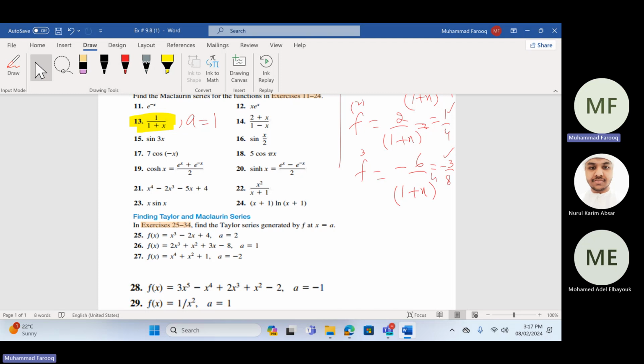Put n equal to 0 inside, and it will be divided by 0 factorial. Don't worry, 0 factorial is 1. It is a proven result. Don't worry that you have divided by 0 factorial.